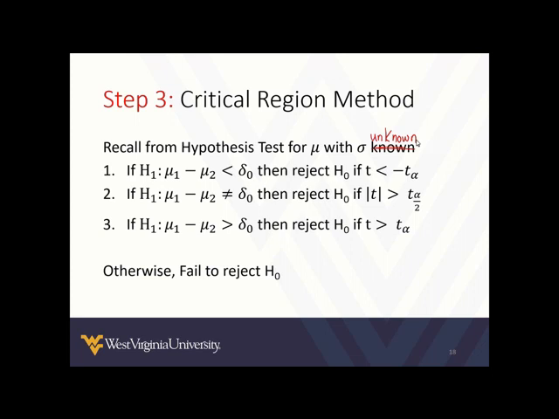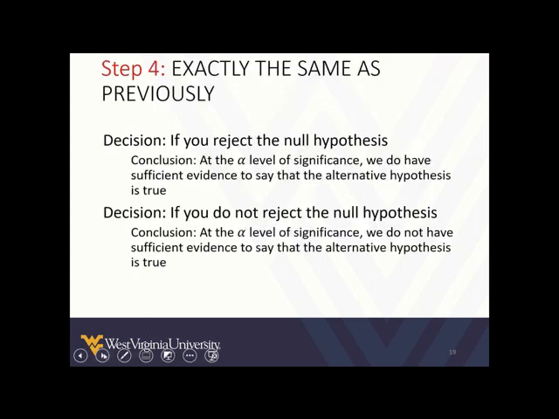And if we're doing the one-sided case where we're saying strictly greater than, then we will reject the null hypothesis if t is greater than t alpha. And of course, otherwise, we will fail to reject our null hypothesis. As we've established in previous lectures, we can't get an exact p-value when working with the t-distributions, so I've only given us the critical region method in these cases.